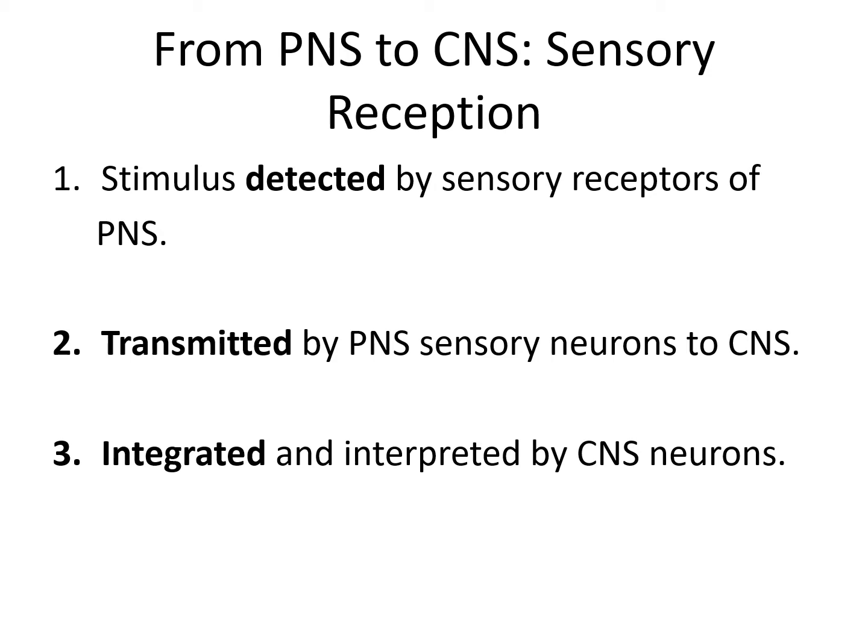The stimulus can be pressure, touch, heat, as well as light, for example. They need to be transmitted by the peripheral nervous system by the sensory neurons to the CNS. This is what we've been discussing up to now. Finally, the central nervous system neurons have to receive and interpret this information where it's integrated, and decide how it's going to respond to it.